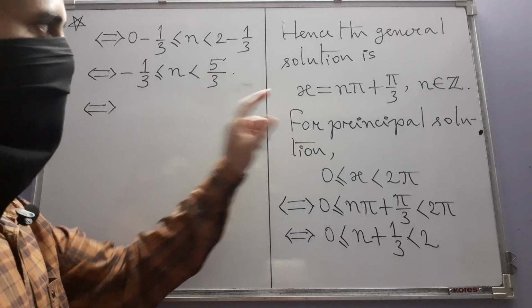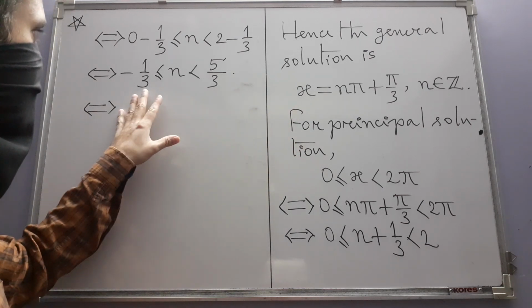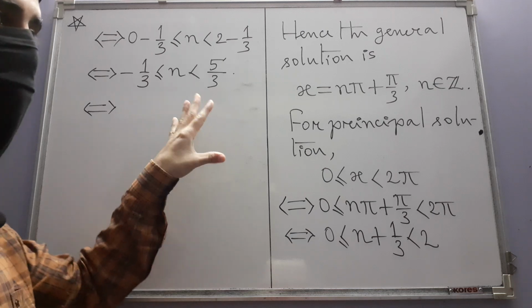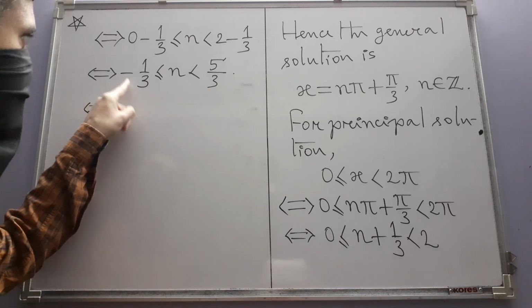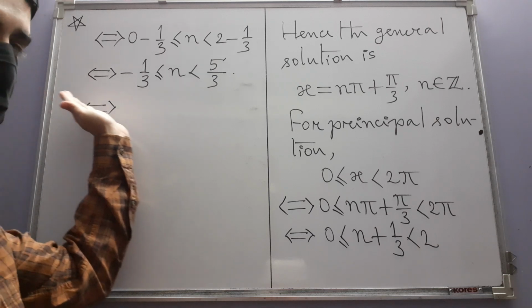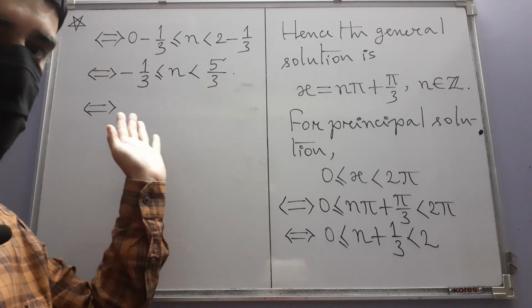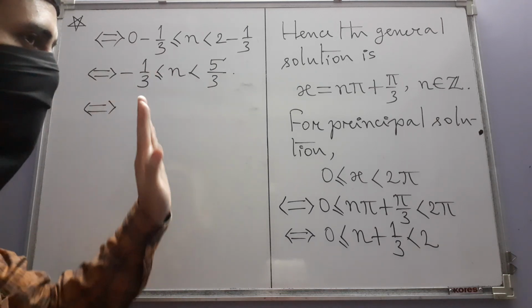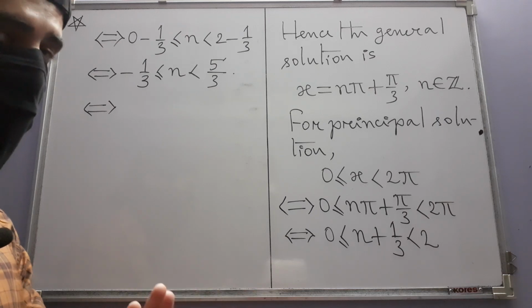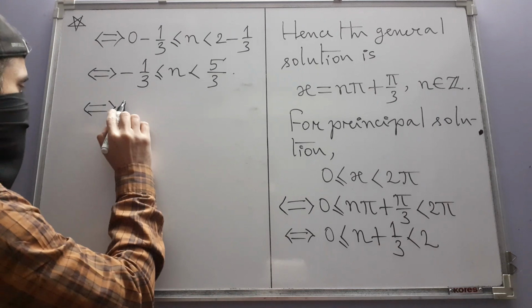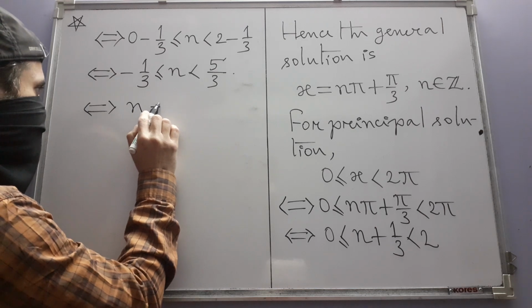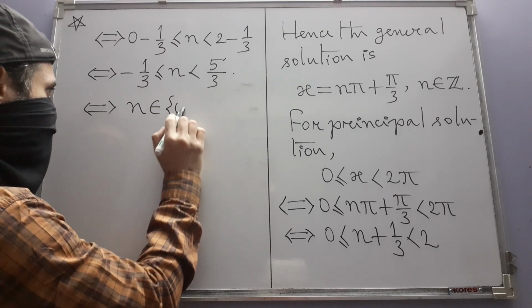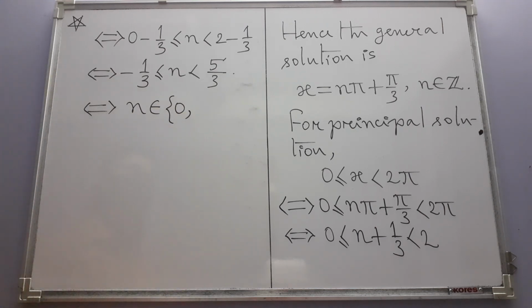Keeping in mind that n is an integer, what should the possible values of n be here? Minus 1 lies to the left of minus 1 over 3 because it's less than minus 1 over 3. So n cannot be minus 1. N however can be 0. Any other value?